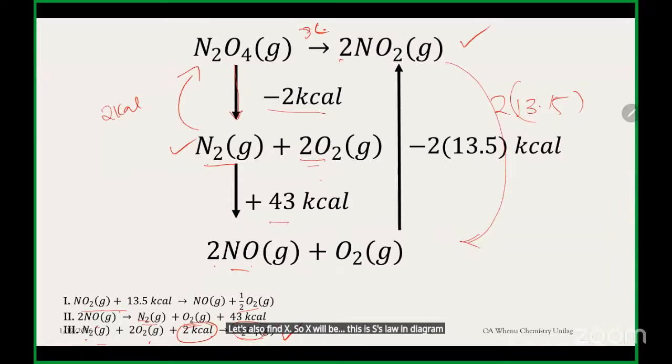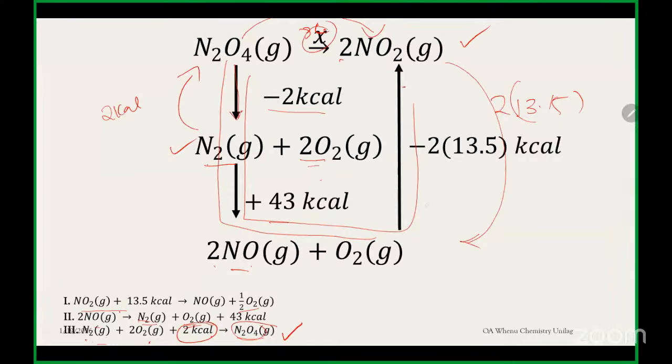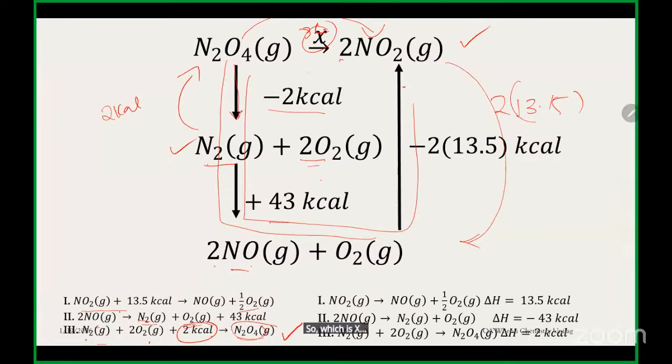Hess's law in a diagram: N2O4 going to in one step. If it goes through several steps, you add everything together. So X will be equal to -2 plus 43 minus 2 times 13.5.